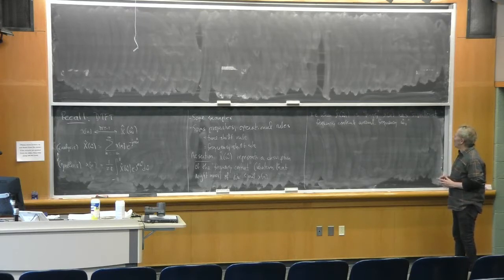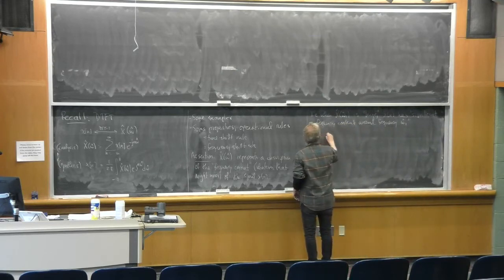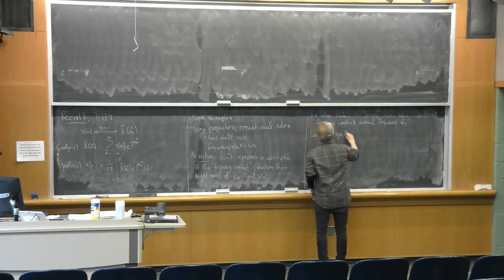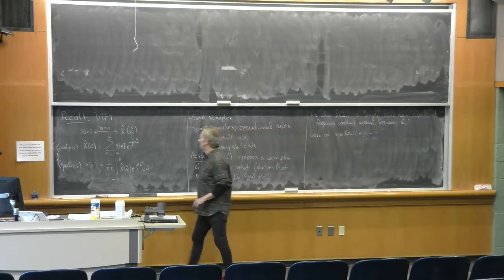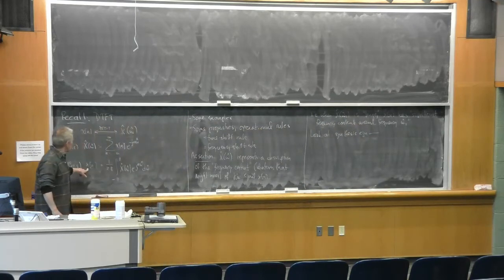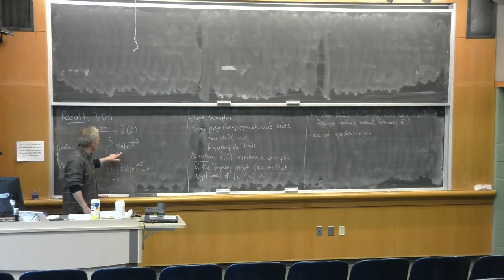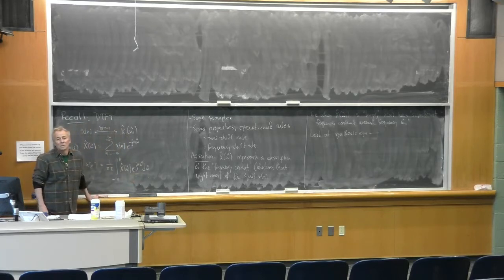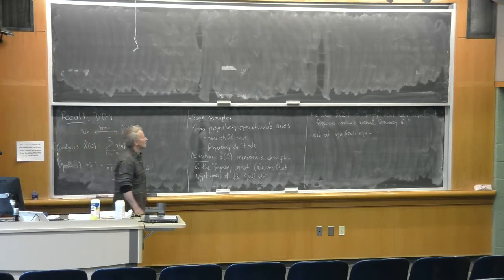Now, why might this be the case? Look at the synthesis equation. What does it do? In some sense, it represents the signal x of n as a continuum superposition of pure sinusoids, where the coefficients in that continuum superposition are the values of x hat of omega hat.